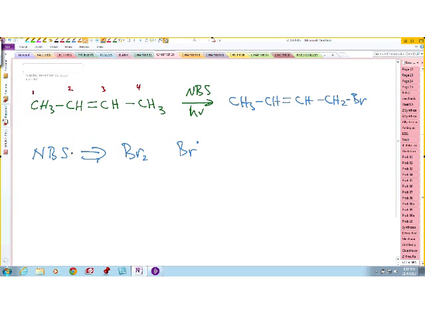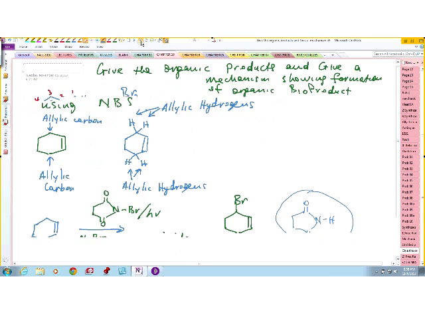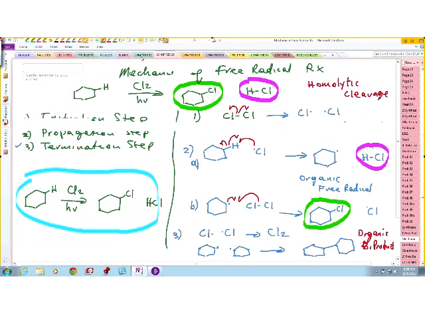So the mechanism for this reaction is the same as the one I gave you earlier. It's just that the starting material is different. Once you already have the bromine radical here, it simply comes and abstracts the allylic hydrogen, and then the process will continue.